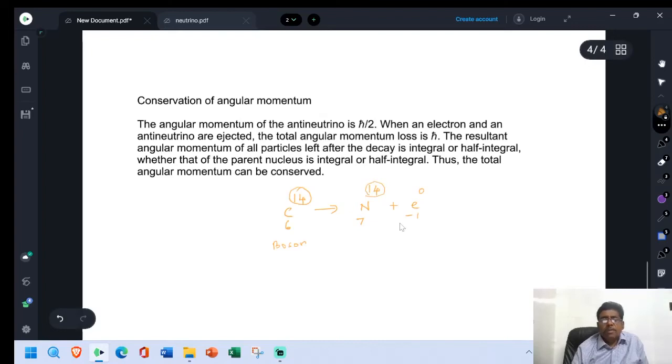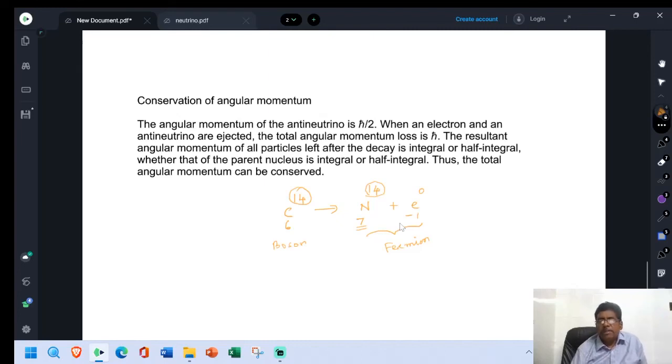That means the number of nucleons is even. In addition to that, proton number is increased by 1 unit, 7. If you add an electron with the nitrogen, this combination is a fermion. Here the left hand side is a boson.